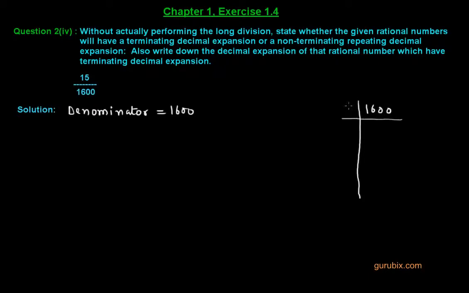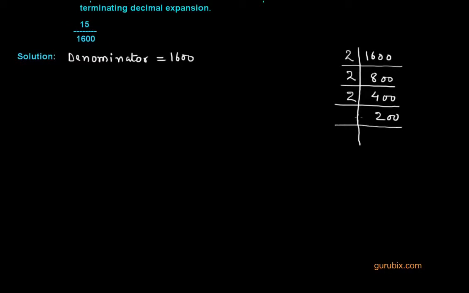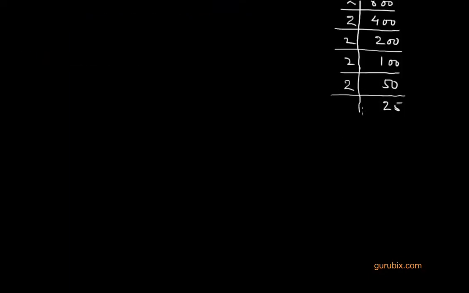So first we shall divide this 1600 by 2 to get 800, and we see that this 800 can also be divided by 2 to get 400. 400 is also divisible by 2 to get 200, and again this 200 is also divisible by 2 to get 100, and 100 can also be divided by 2 to get 50, and now we can divide this 50 also by 2 to get 25.